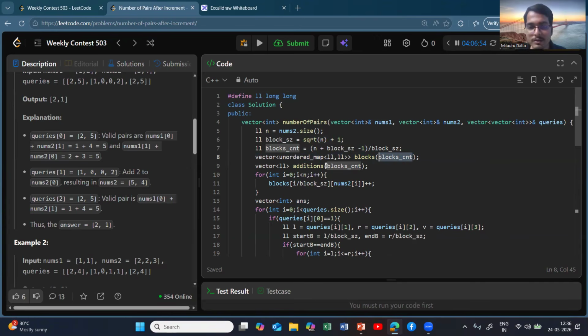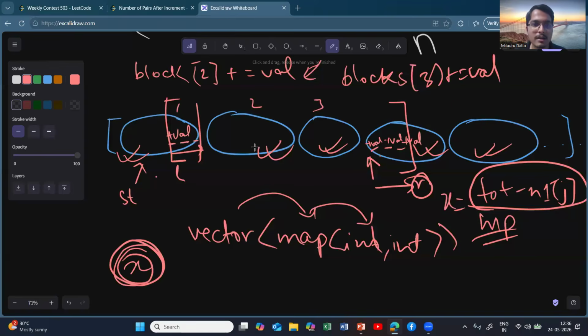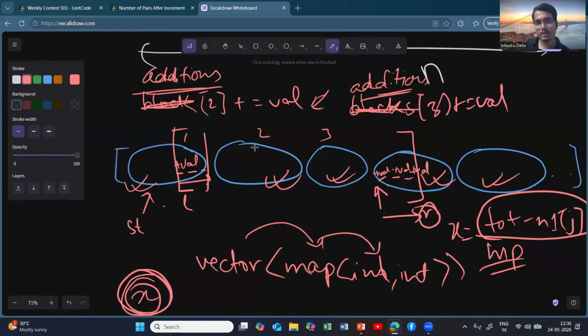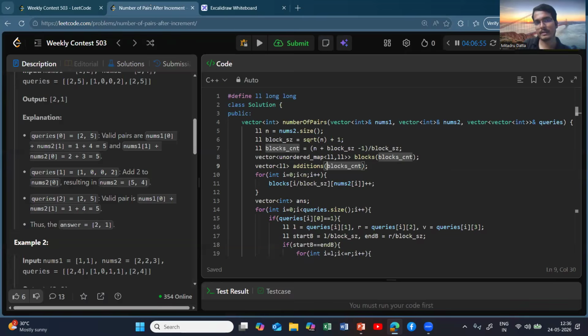Now these are the additions. What are the additions? Whatever I was telling you about blocks, this is basically the additions. If you know the lazy propagation of the segment tree, this is also very similar to what you do. For every block, you just see how many additions have happened there.